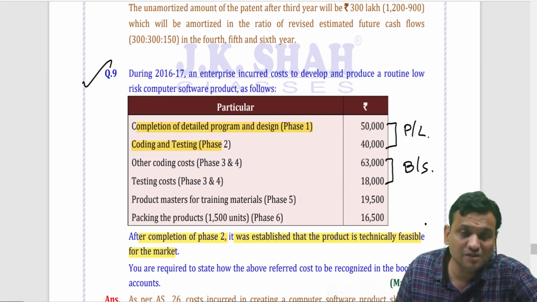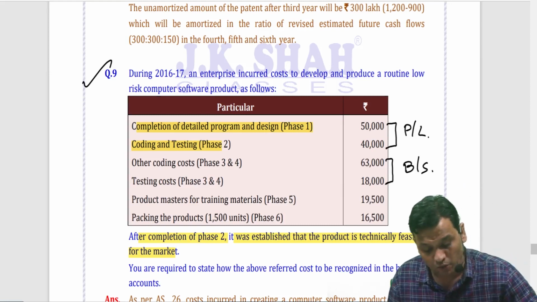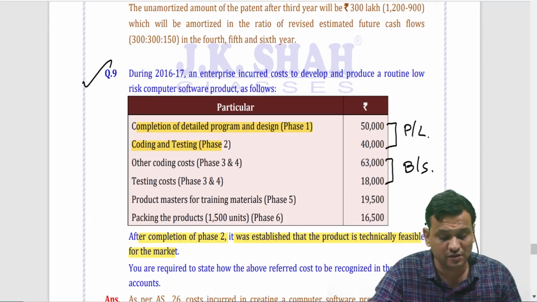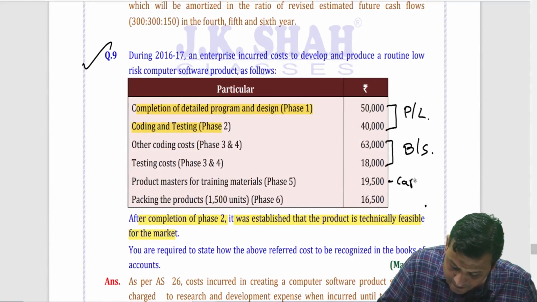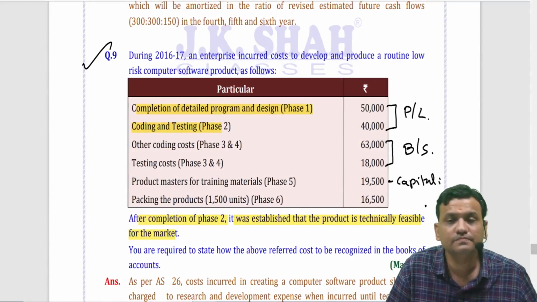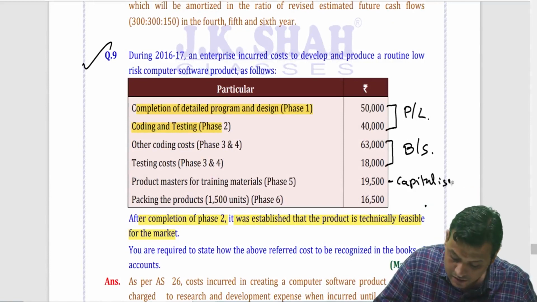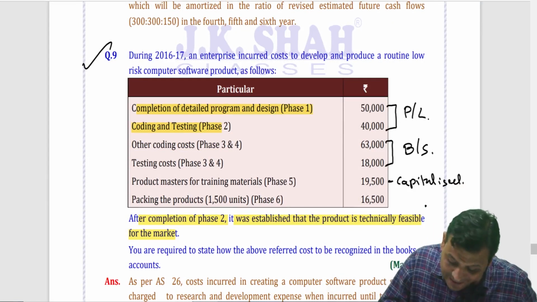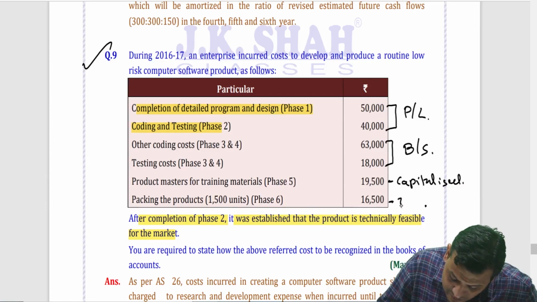Product masters for training material: now, what should I do with respect to the product masters for training material, my dear students? This will be capitalized along with my intangible asset. Packing the product will also be capitalized, but it will form part of my inventory.